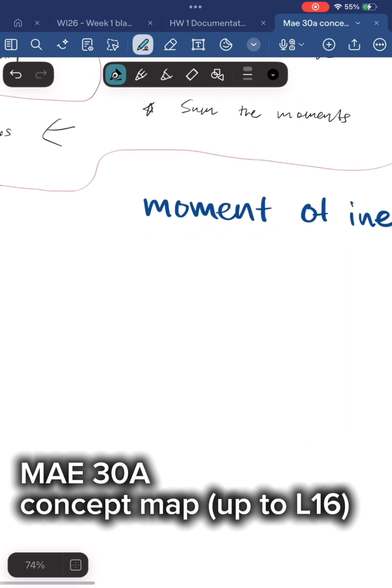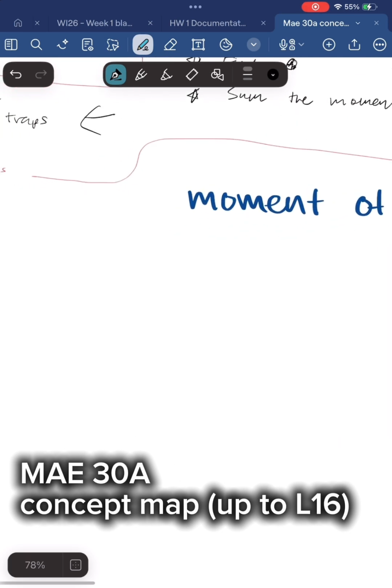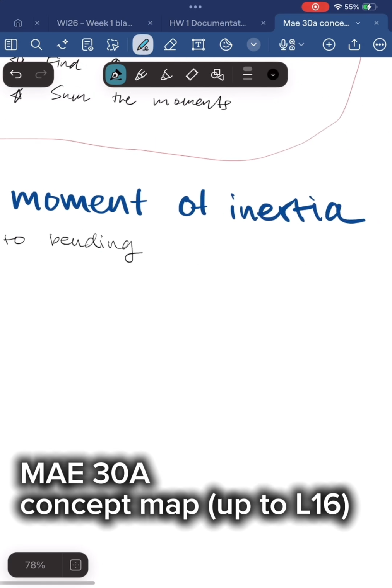So moment of inertia, by definition, is the resistance to bending and rotation.